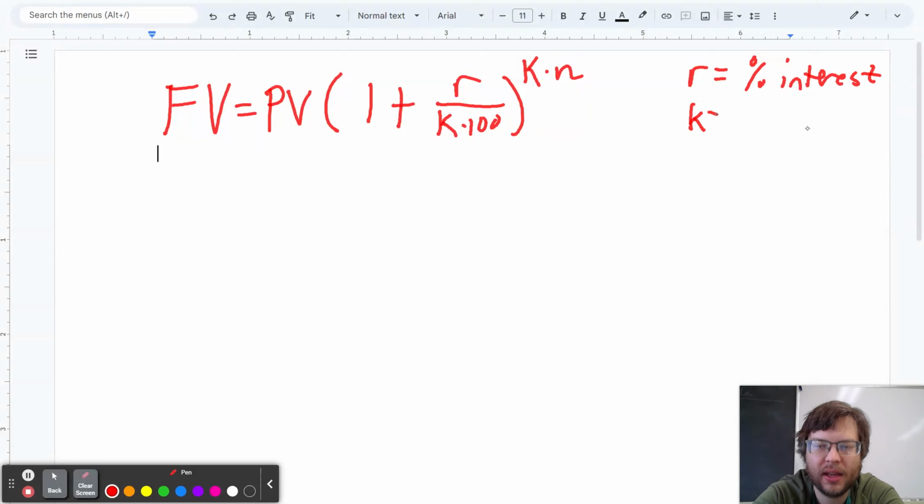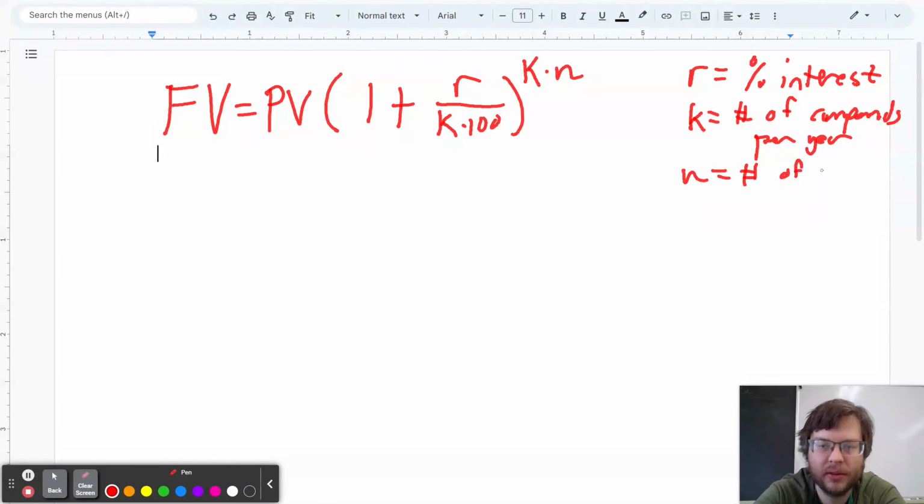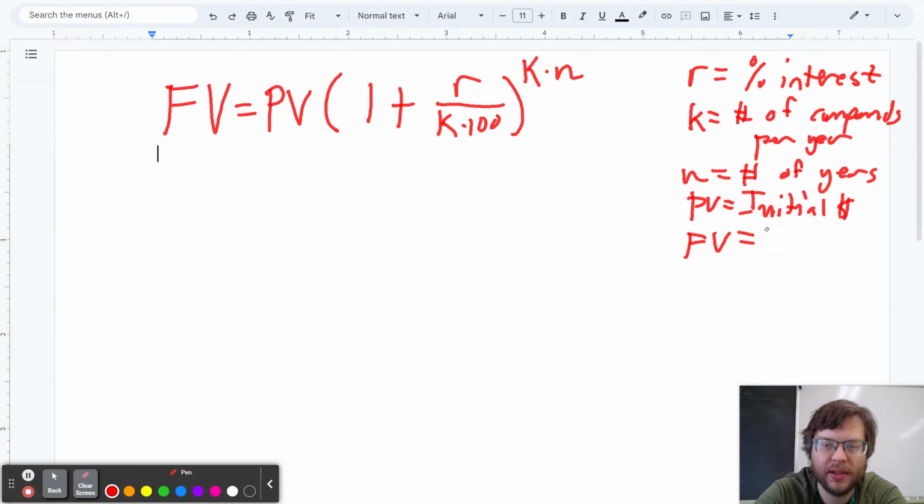The K is the number of compounds per year. And then the N is the number of years. The PV is the initial deposit. And then the FV, the future amount, is the ending money.